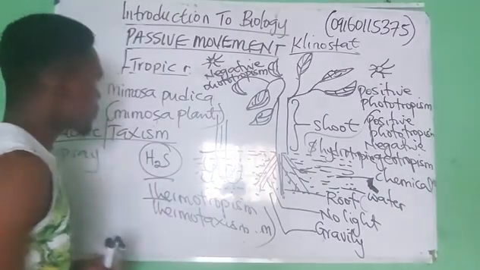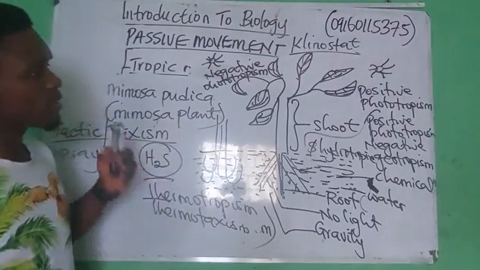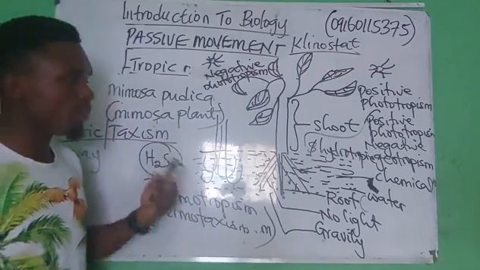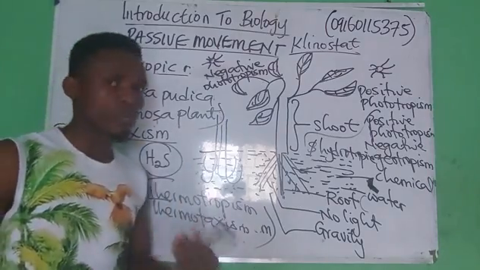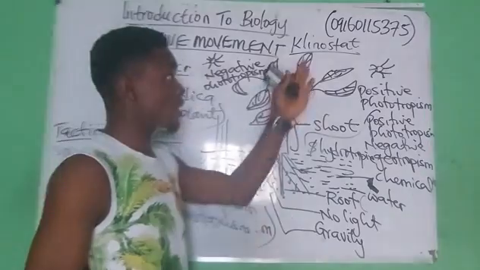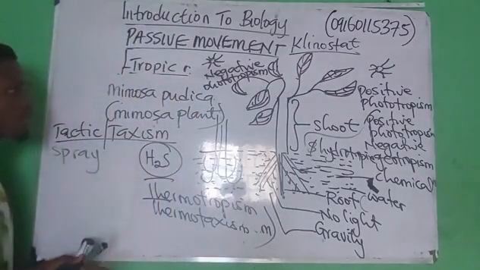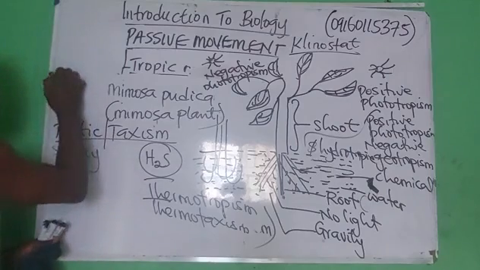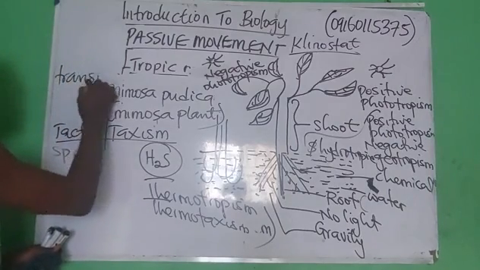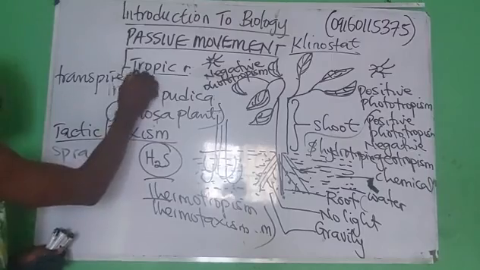So at this point, don't forget that the instrument used to measure response to gravity is called what? Clinostat. All right. Please, the instrument that is used to measure the rate at which a plant transpires is called what?